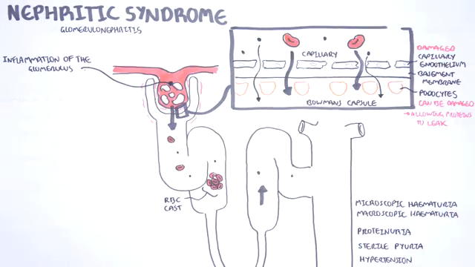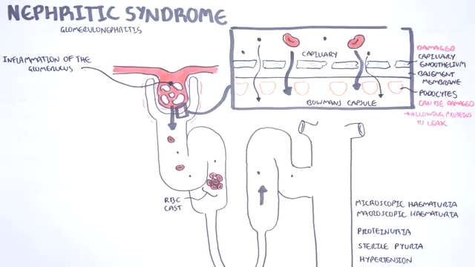The final type of glomerulonephritis is membranoproliferative glomerulonephritis. Membranoproliferative glomerulonephritis is not a disease in itself, but it is actually a pattern of injury seen in glomerulonephritis as well as in nephrotic syndrome. It's important to remember that membranoproliferative glomerulonephritis has both nephritic and nephrotic pictures.